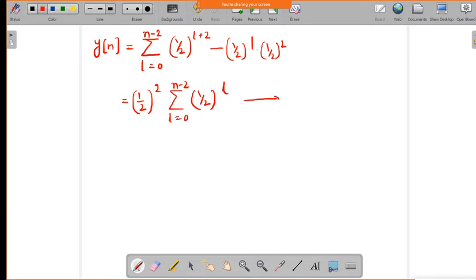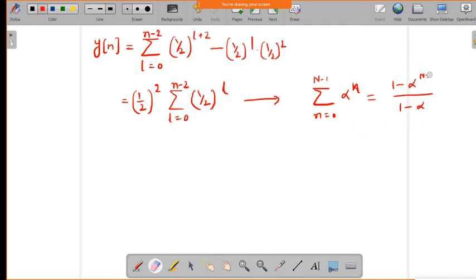So now this is in the form which we have already known, that is summation n equal to 0 to n minus 1 alpha power n, which is equal to 1 minus alpha power n, over 1 minus alpha.